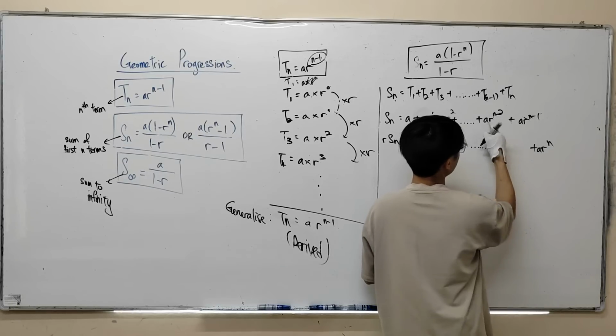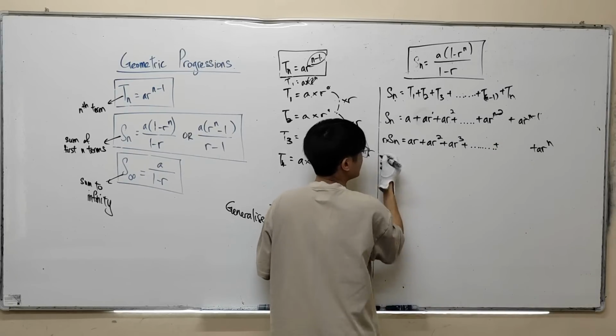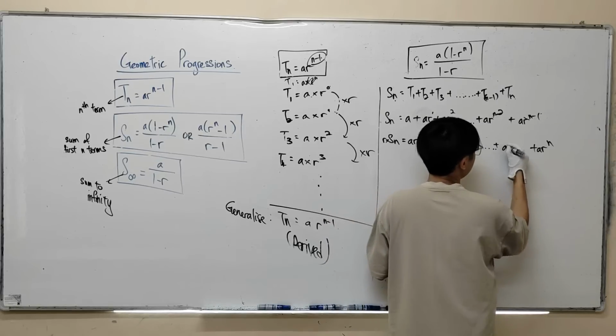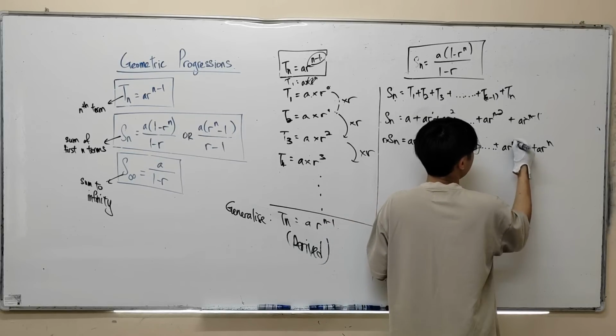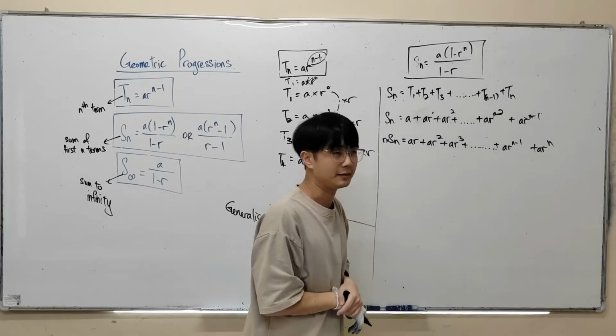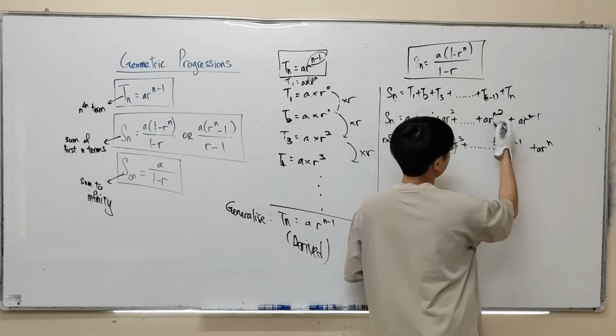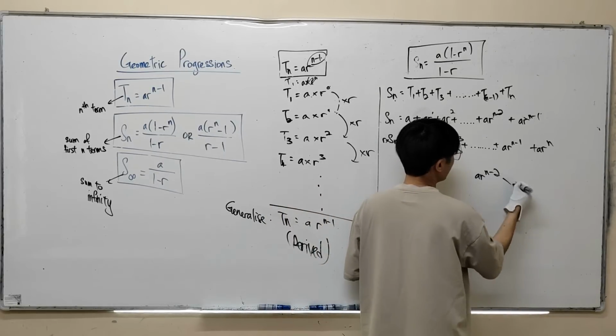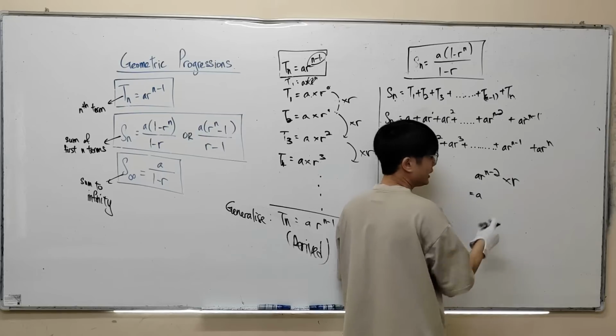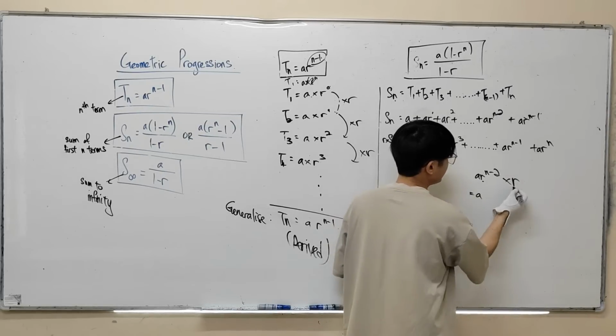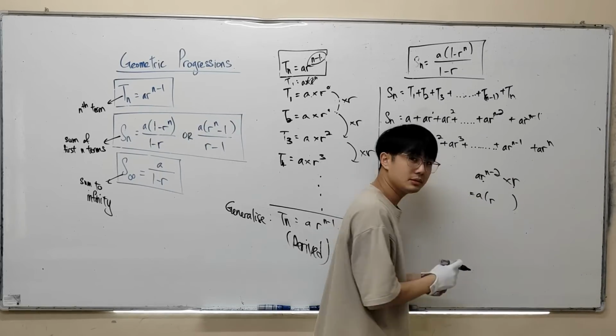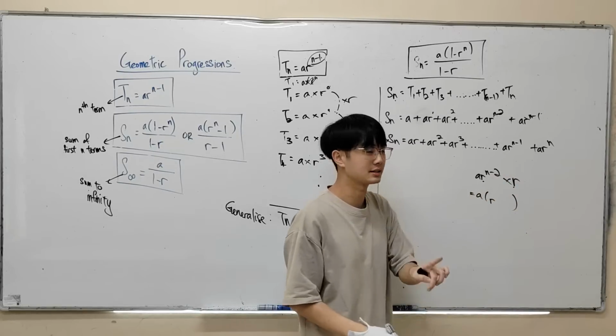So let's write this at the back here. Okay, so what happens when I take this thing, I times with r, right? So it becomes ar power n minus 1, because for ar power n minus 2, when you times with r, the a just stays, nothing happened. R and r, they are the same base, so we can times, but when you times, you need to plus the powers.